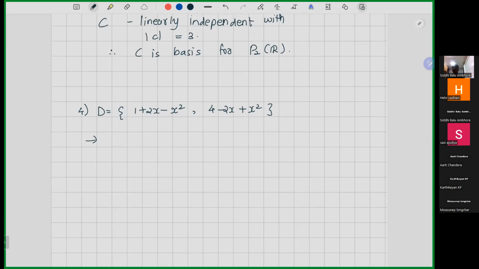Whether this is a basis of P2R? Okay, Kartikeya said no. Okay, Aarti is saying true, this is a basis. Aarti, that's what you are saying, that this is a basis of P2R? Okay, even Hetvi is saying that this is a basis of P2R.